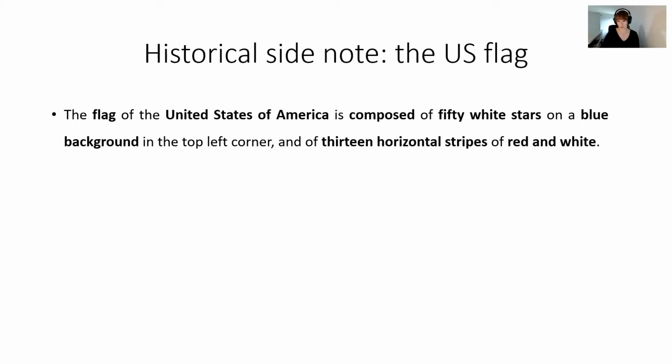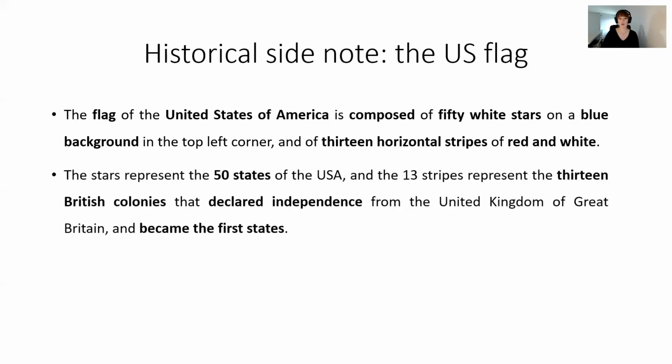Le drapeau des États-Unis d'Amérique est composé de 50 étoiles blanches sur un fond bleu dans l'angle en haut à gauche et de 13 rayures horizontales rouges et blanches. The stars represent the 50 states of the United States of America, and the 13 stripes represent the 13 British colonies that declared independence from the United Kingdom of Great Britain and became the first states.